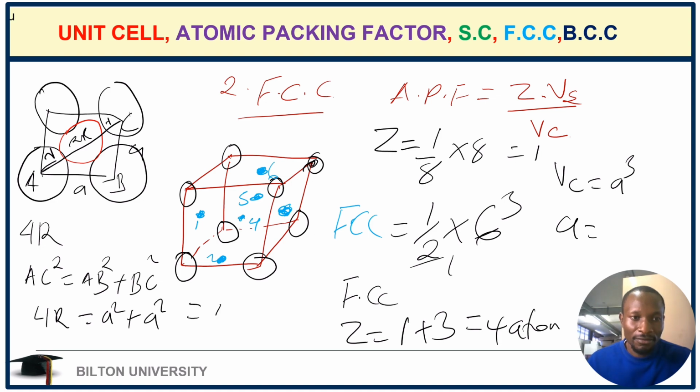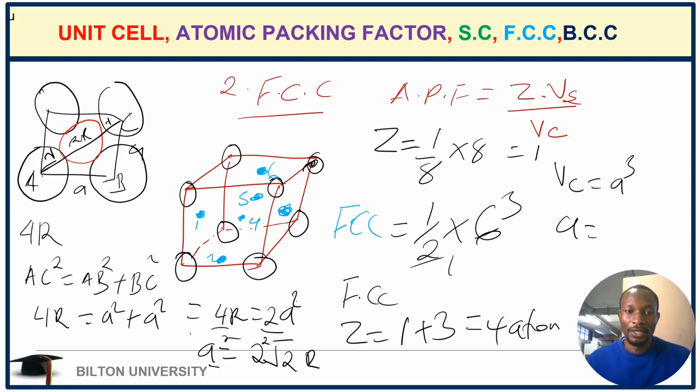So this gives us 4R squared is equal to 2a squared, and when we do the mathematics, if we go further, we can square everything, but at the end it's going to give us a is equal to 2 root 2 R. If we divide both sides by 2, and then we have the square here, we do away with it, and it gives us the edge length in F.C.C as 2 root 2 R, which is the same as root 8 R.